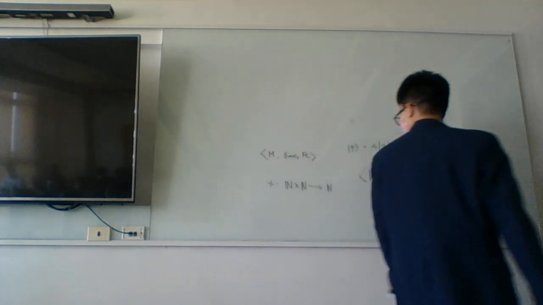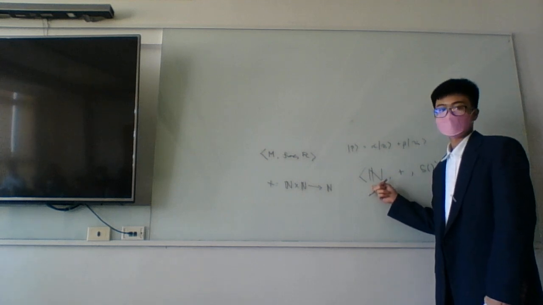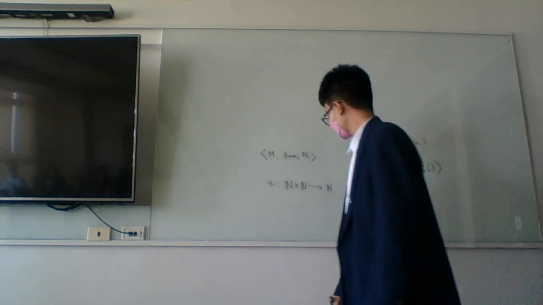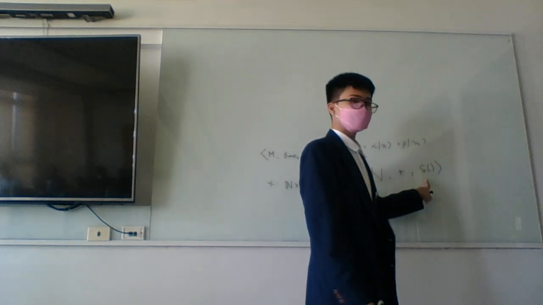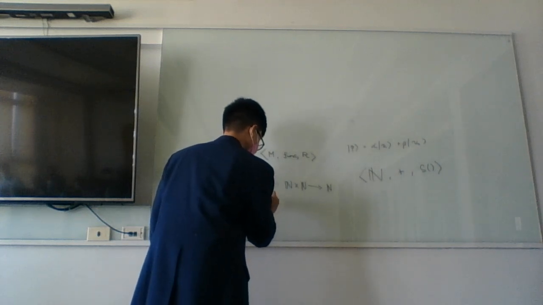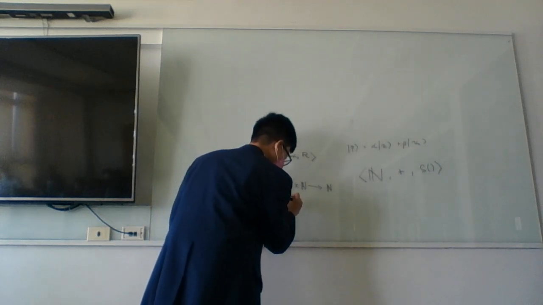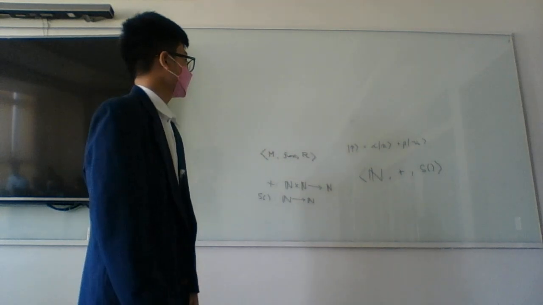So we will also show that N itself is a groupoid, or a monoid. And this S function here is a unary operator that takes N and gives us another natural number.